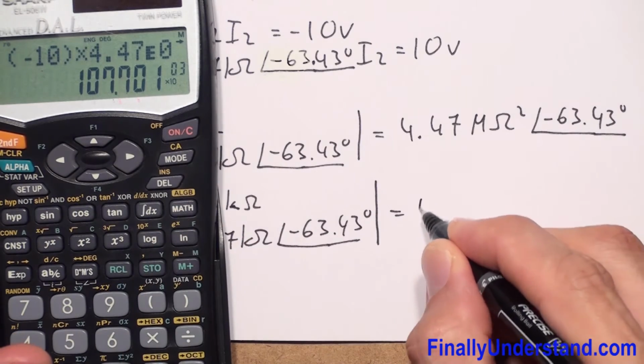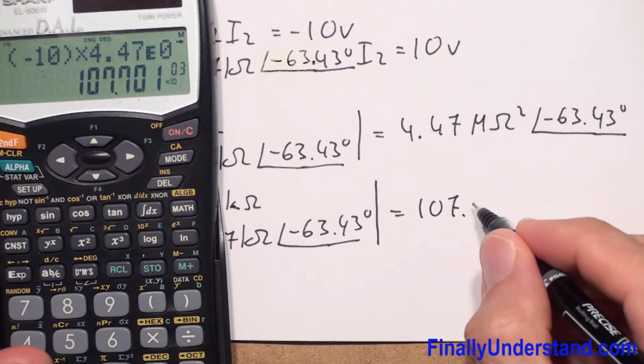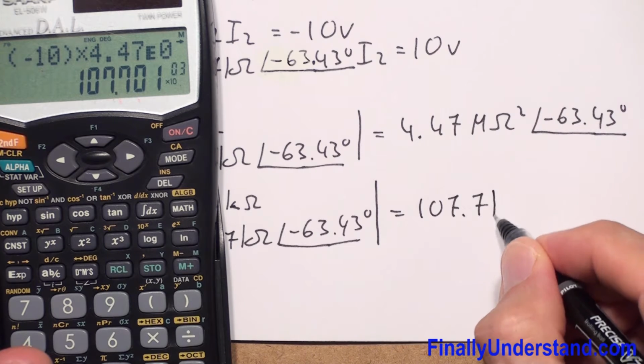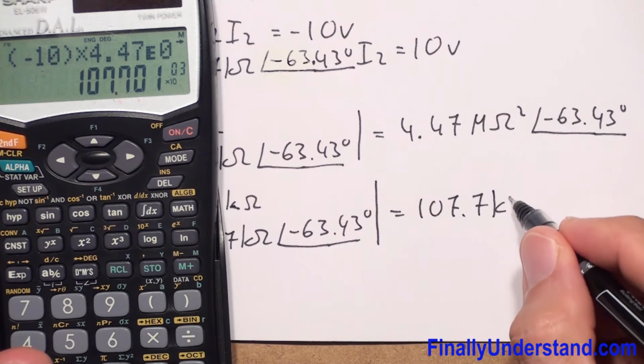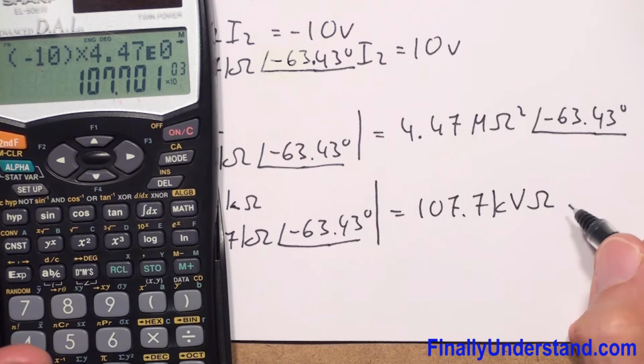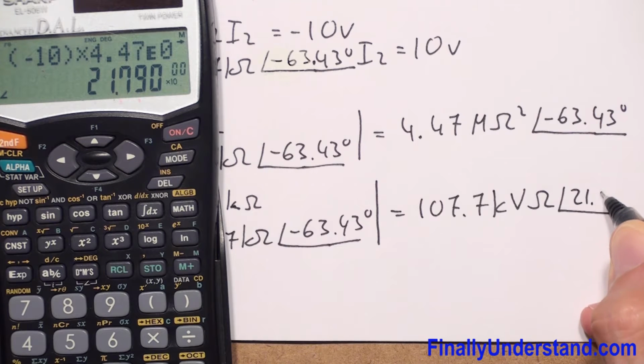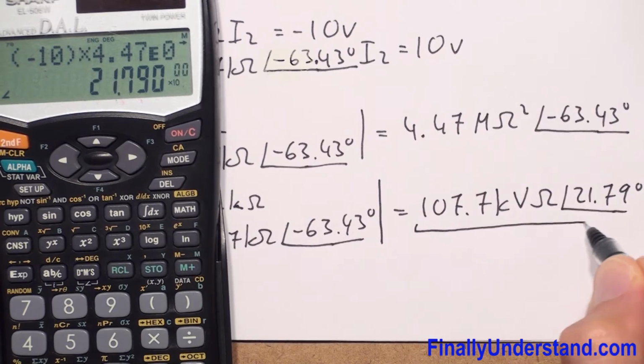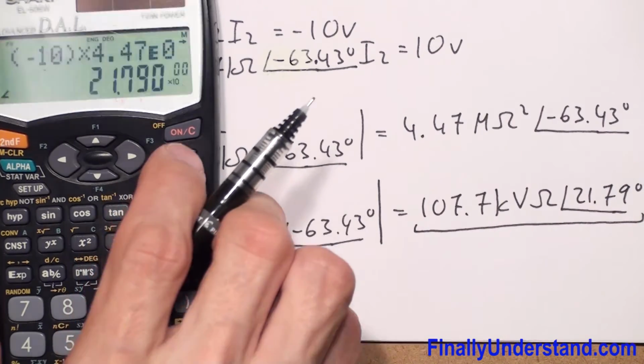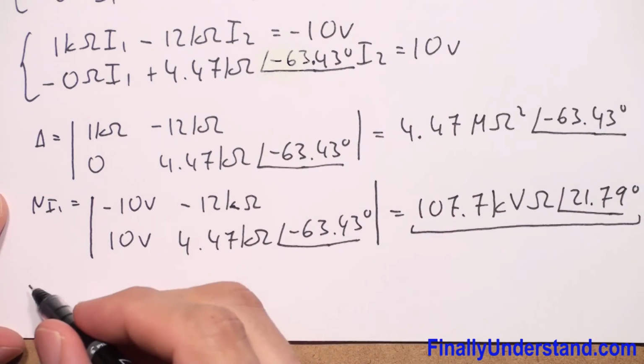Okay, so I have 107.7 kilovolt ohm, and angle of 21.79 degrees. Okay, so this is my NI1.